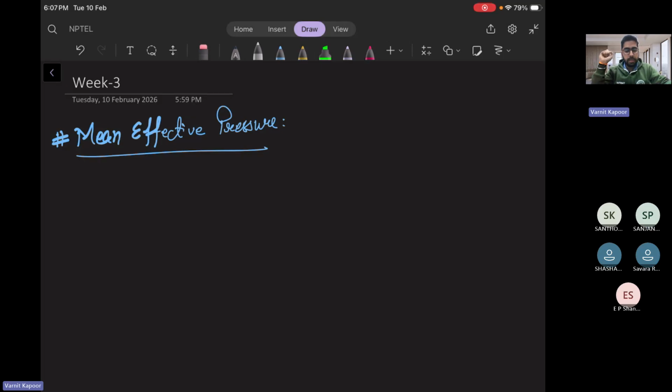So, what do we mean by a mean effective pressure? A mean effective pressure is nothing but a mathematical technique to determine the imaginary pressure which will remain constant throughout the cycle to give us the same work done as the work done by an actual cycle, for the same volume change. Let me write it first, then term by term I'll explain through a pictorial representation as well.